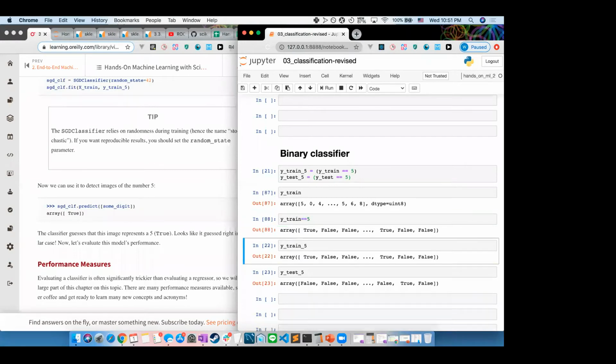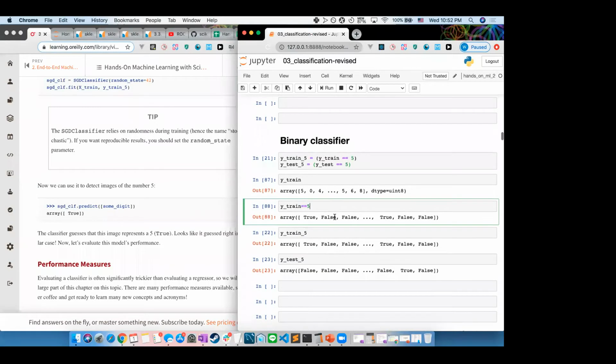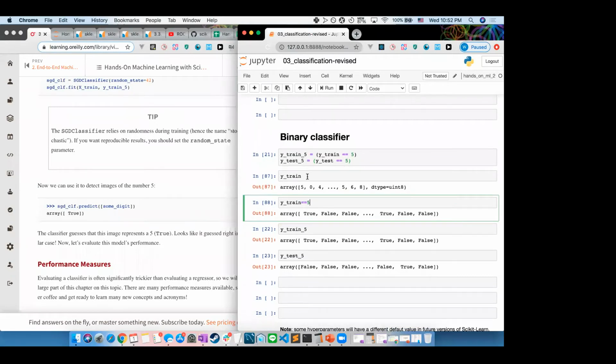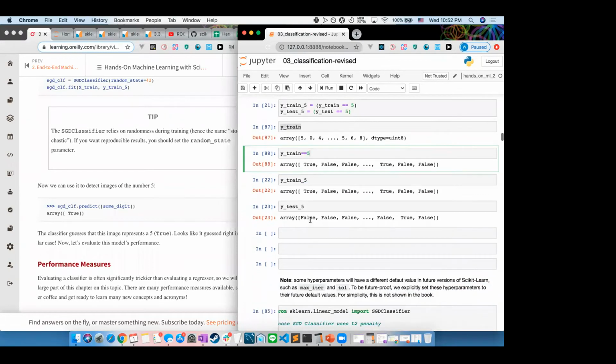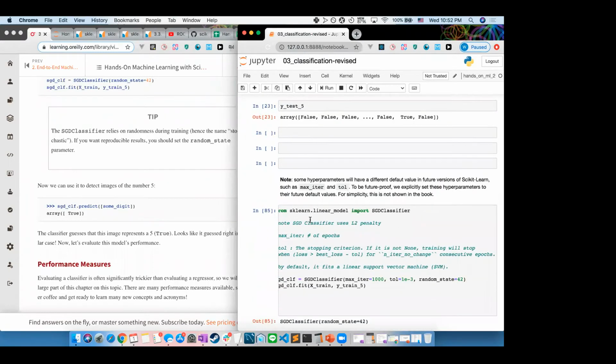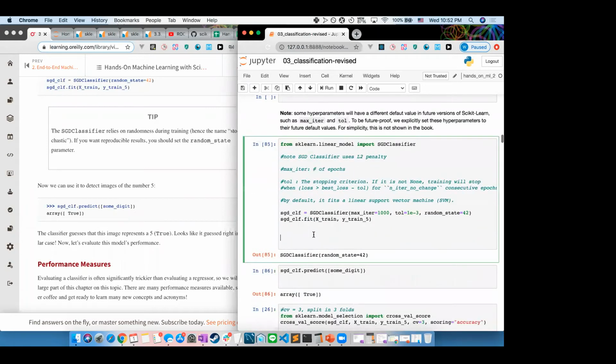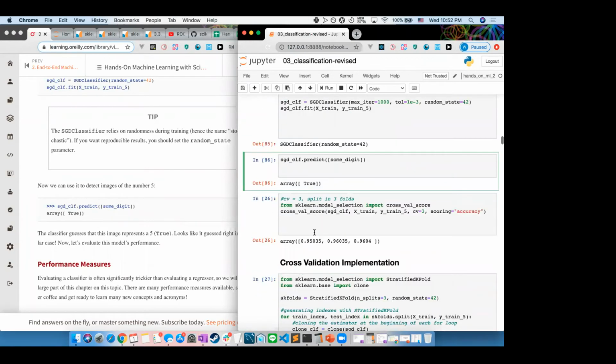I just verified. Okay, so you can double check if your y_train_5 is y_train equals double equal sign 5 right here. Yeah, I followed all that as is. Yep, then it's just predicting incorrectly, so we'll see that it doesn't always predict correctly. True. So yeah, then it's just that.